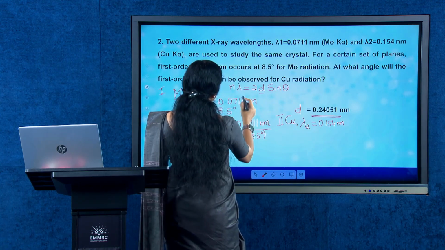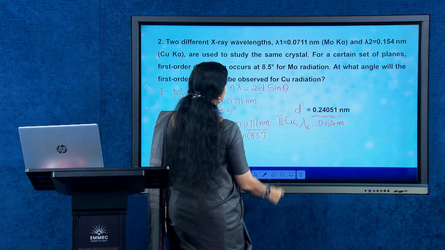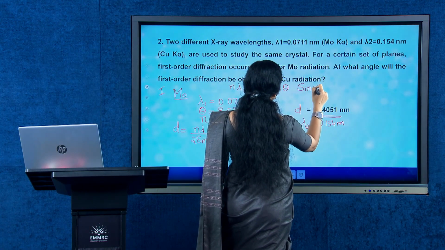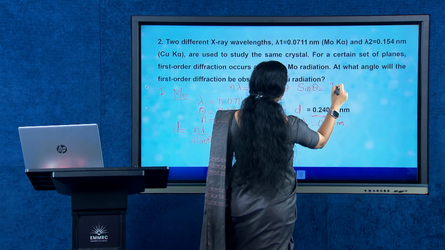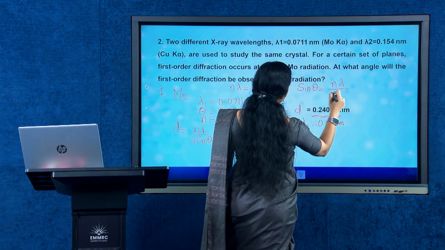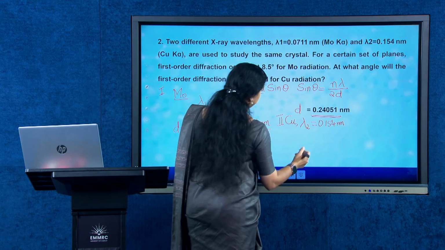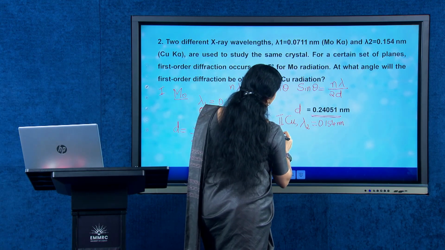Okay. So, using the equation n lambda equals 2d sin theta, we have sin theta is equal to n lambda by 2d. Again, n is first order diffraction, so n is equal to 1.